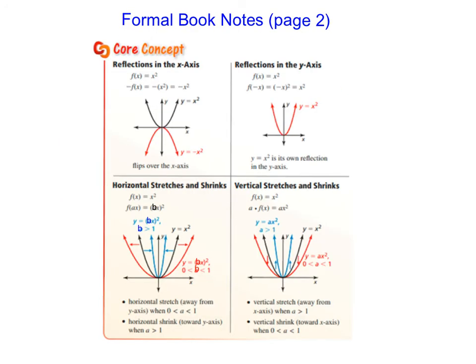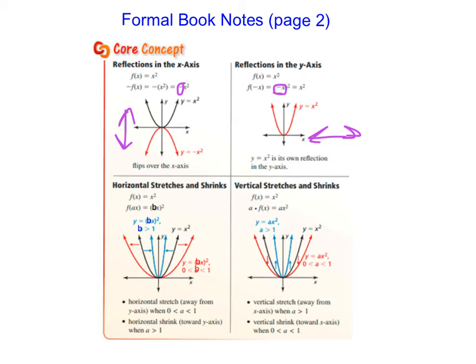Now, in addition to translations, we also studied reflections and horizontal stretches and shrinks. A couple of things to remember here. One, these vertical reflections, where we reflect over the x-axis, multiplied the outside of the parentheses by -1. And then the reflection over the y-axis, which was that horizontal reflection, multiplied the x value on the inside by -1. So remembering those reflection notes.